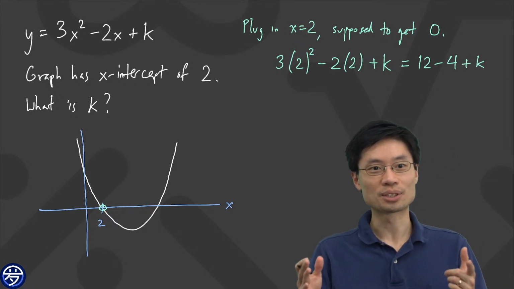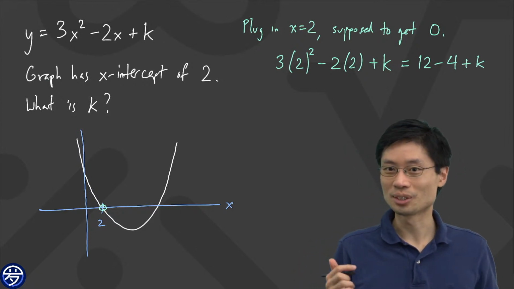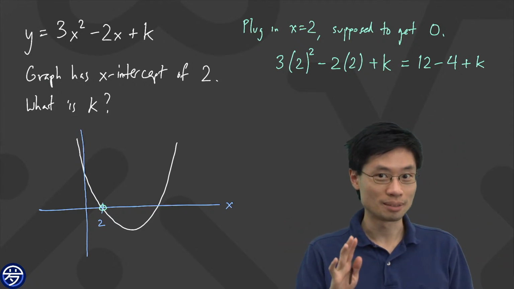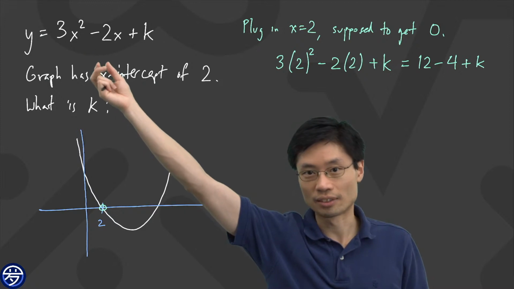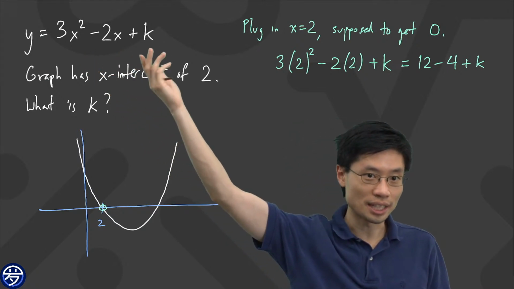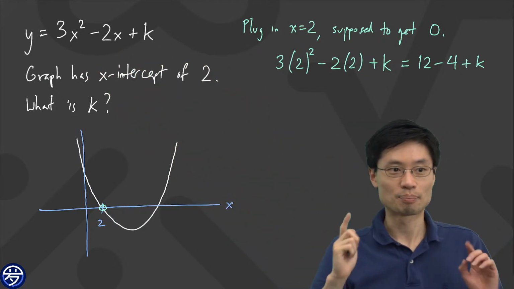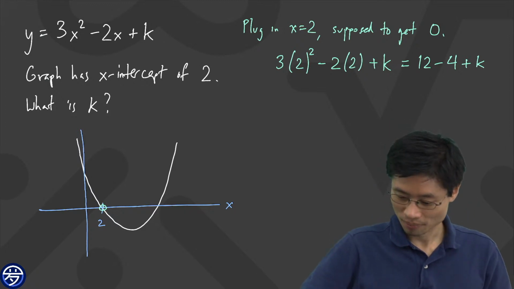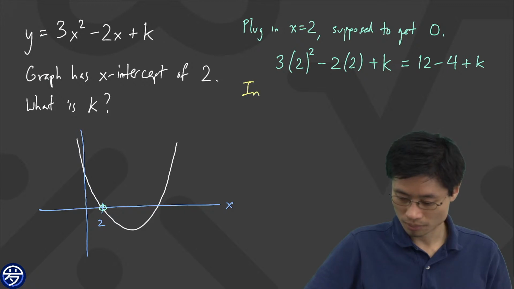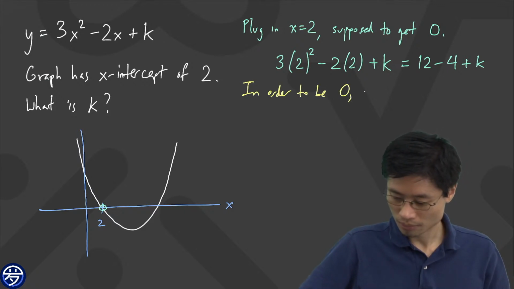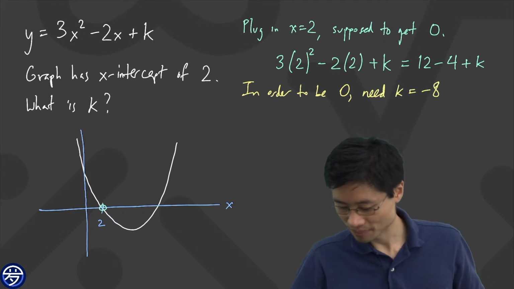I hope I didn't make a mistake. If I plugged in 2, I'd get 12 minus 4, which is 8, plus k. So k had better be negative 8 in order to get 0. You need k equals minus 8.